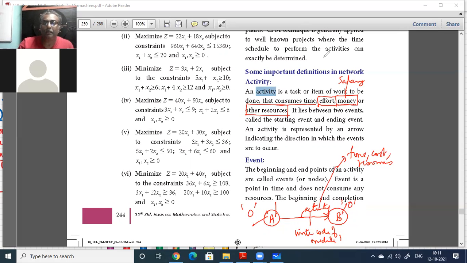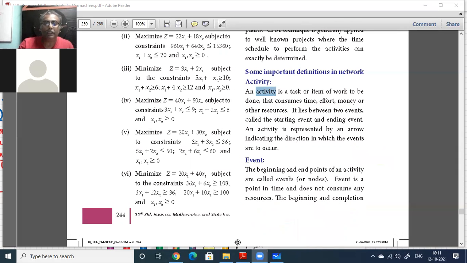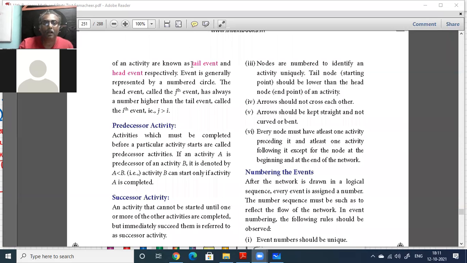The beginning and completion of an activity are known as the tail event and the head event.